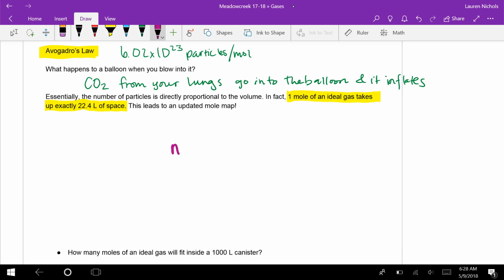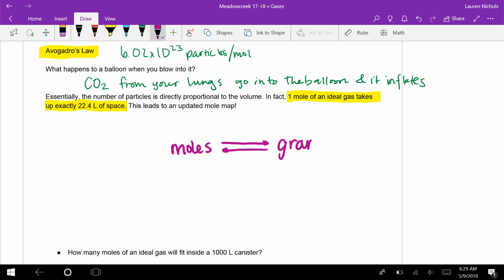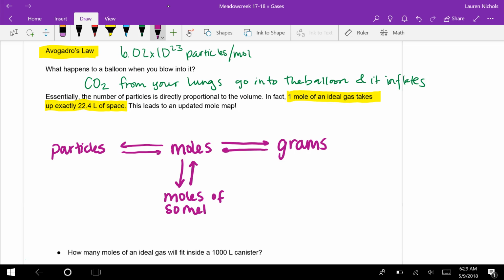Okay, so we know that we have moles in the center, and we've always said that you could change from moles into grams, and we said that you could change from moles into particles, or formula units, molecules, and atoms, and we've learned that you could change moles into moles of something else, right? You could do that for any of them.